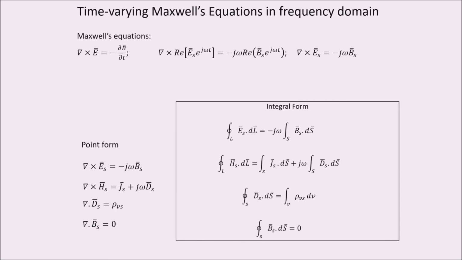Then drop the similar factors from both sides. We get curl of Es is equal to negative j omega Bs. The suffix s is to represent a frequency domain variable.